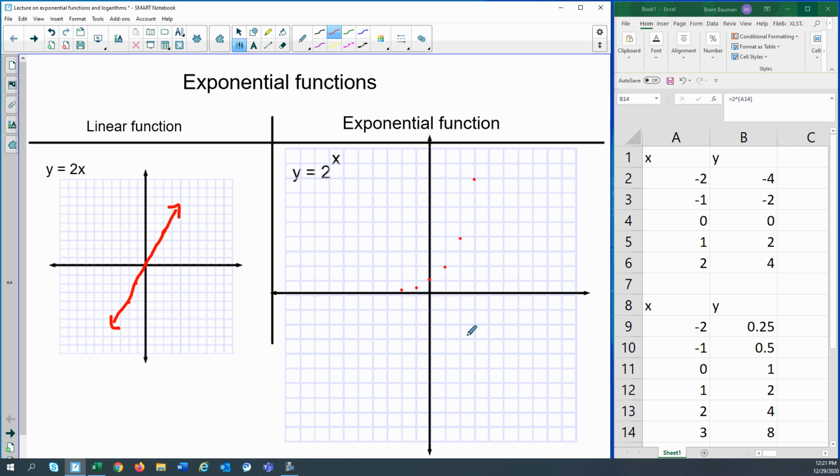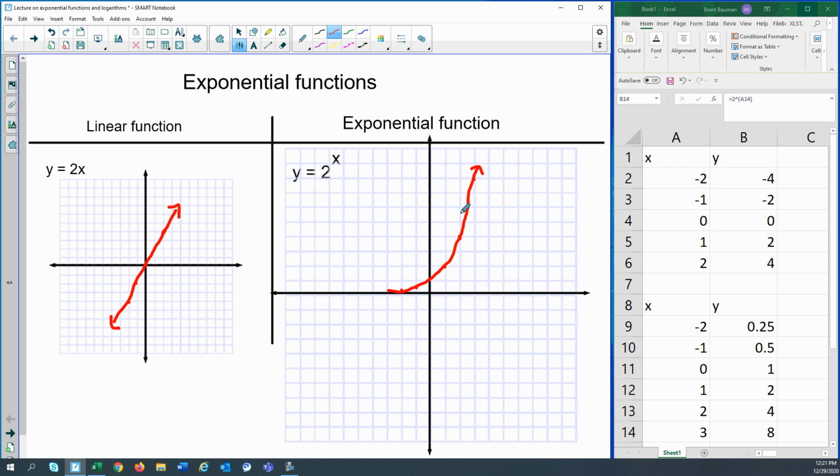So you can start to see the curve that we're getting at. This one, our linear equation was nice and straight, but as we connect the dots for our exponential, let's see how close we can get to connecting them. And see how fast it's increasing.